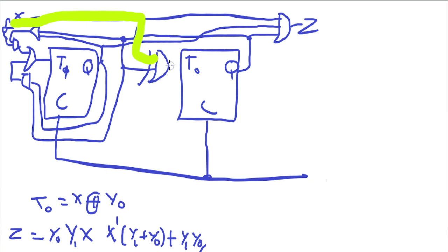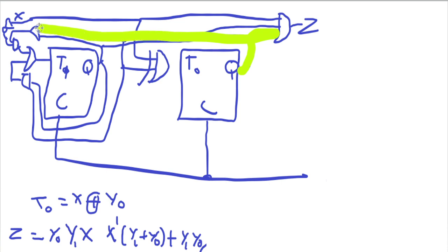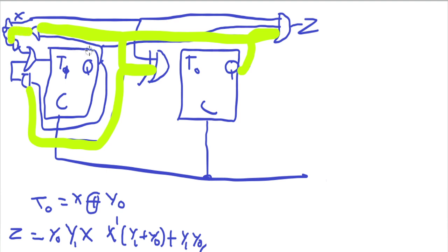However, since this is exclusive OR, that means that once the clock hits, this will be turned on. And that means this is turned on. So if we turn on X, then what happens is this exclusive OR does not get activated and nothing happens.